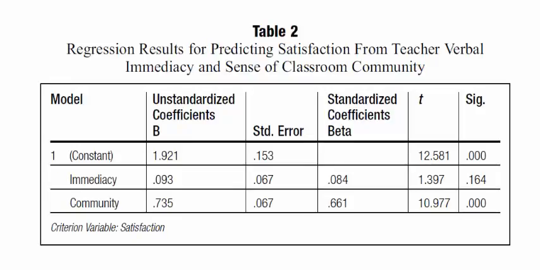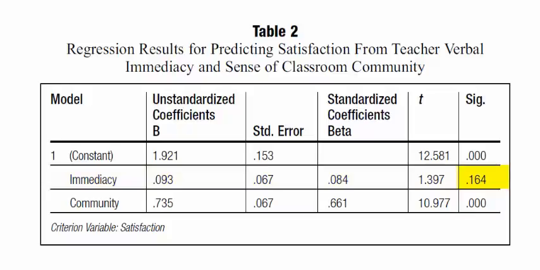We can see here that in Model 1, when they use the default variable, the result is already statistically significant. It's under 0.05. But when they add the immediacy variable to see if it adds to the prediction, it is not statistically significant because it's greater than 0.05.